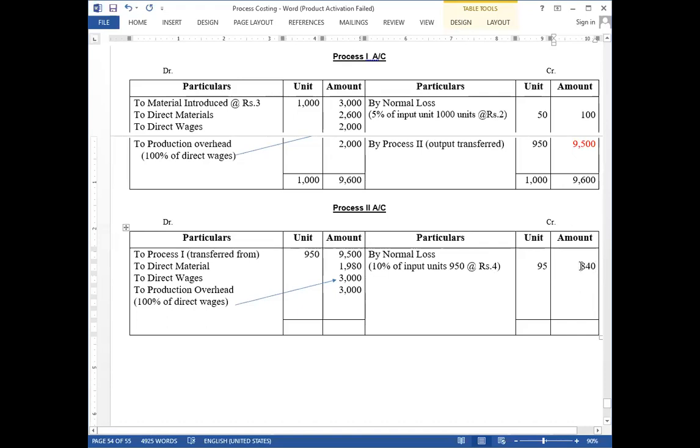Which one is correct? How much is the amount? The amount is 380. Okay, next is by output. This output you are going to transfer to the next process. What is the next process? That is process 3. This is step number 3, output transfer.